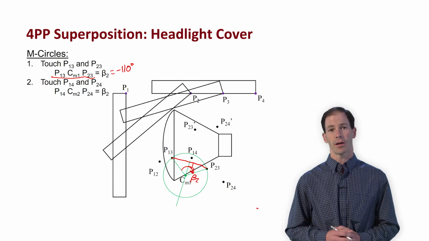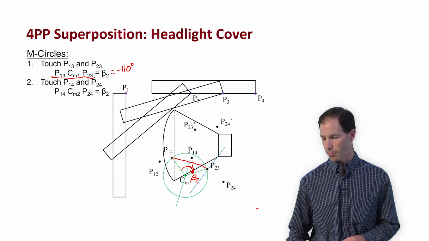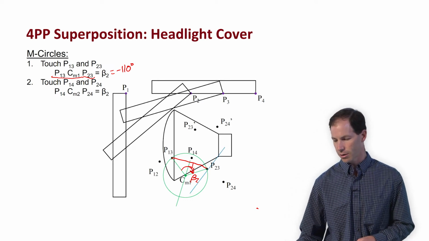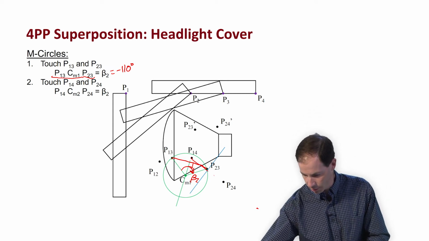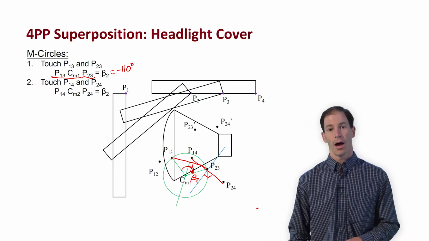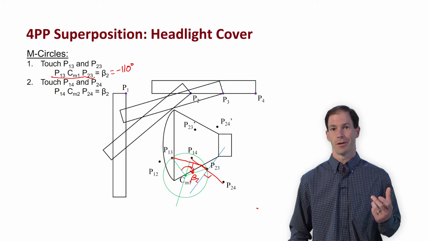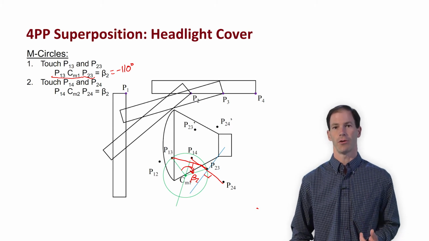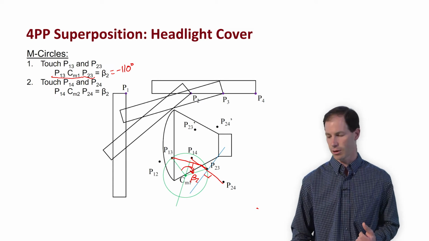I'm going to do this now again for positions 1, 2, and 4. So I will create a perpendicular bisector, and this is bisecting P14 and P24. So I've got P14 right here, P24 right here. This is my perpendicular bisector between the two of those. I again will use the same free choice of beta 2 because positions 1 and 2 are in both subproblems, so I have to use that same free choice of minus 110 degrees.